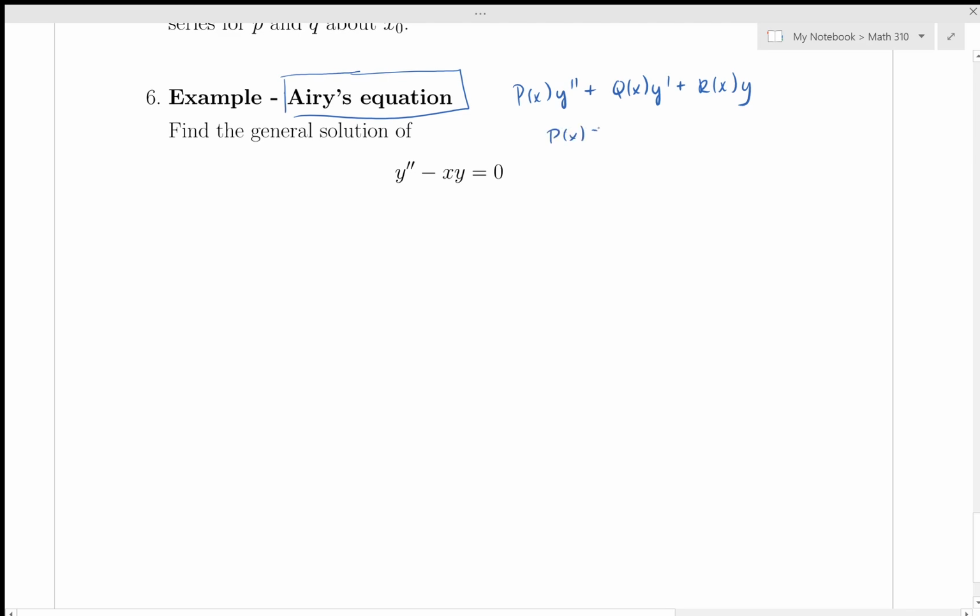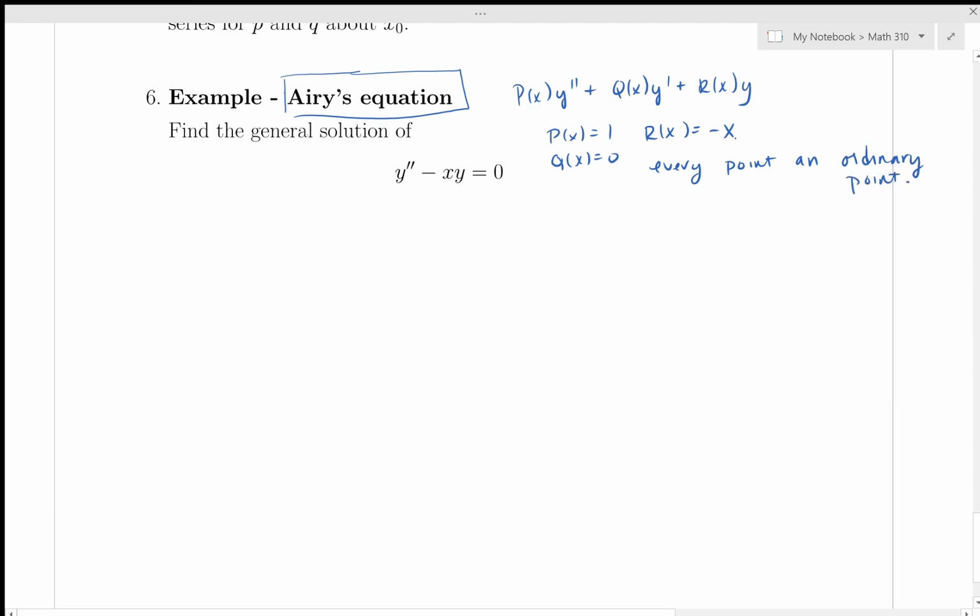That is, p of x is 1, q of x is 0, and r of x is minus x. Okay, every point is an ordinary point. We don't have to have any worry about the points not being ordinary.